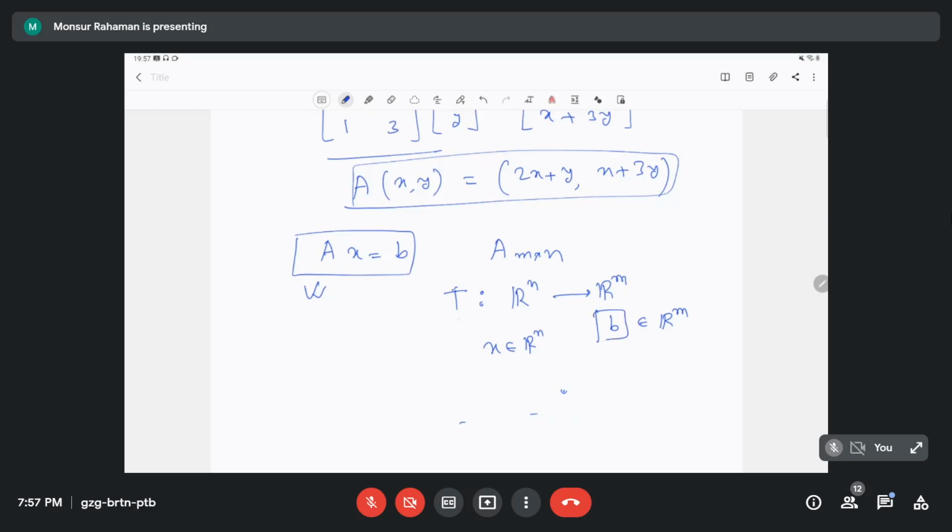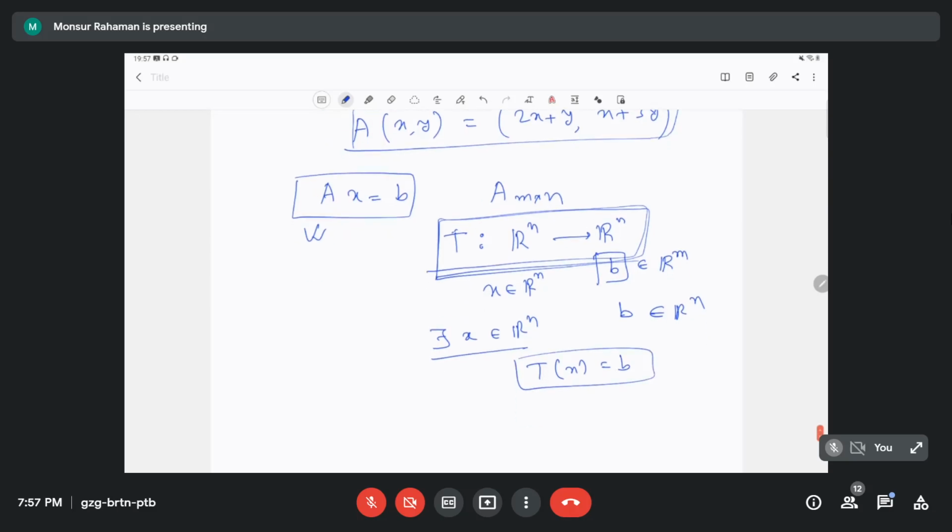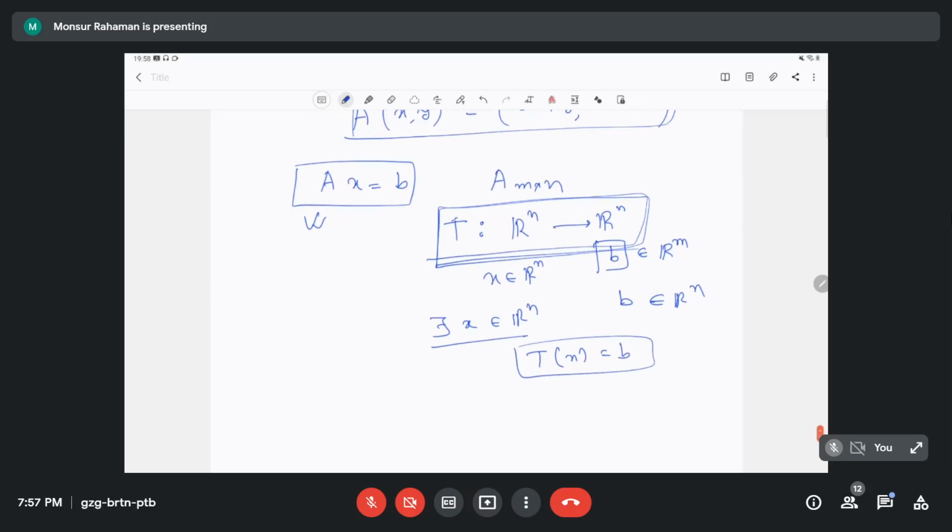If somehow it is given that this is invertible, means this is bijective. So you know, for any b belongs to Rm, you will always find an x belongs to Rn, and because this is bijective, this has to be the same, Rn and Rn. You will always find that Ax has a solution such that Ax equals b, and this is the only condition in a system of linear equations.